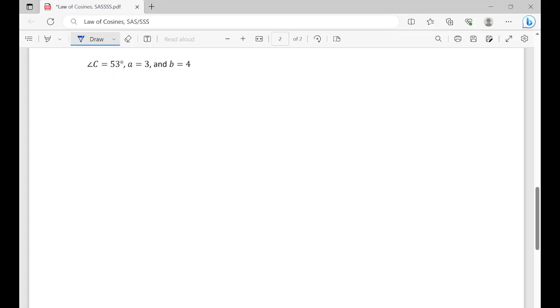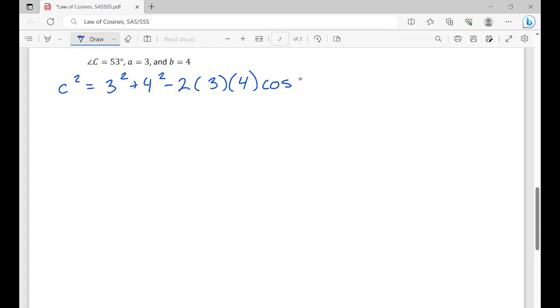And last we have angle C, which is 53 degrees, side A, which is 3, and side B, which is 4. So I'm going to use the third formula from the law of cosines, C squared equals 3 squared plus 4 squared minus 2 times 3 times 4 times cosine of 53.